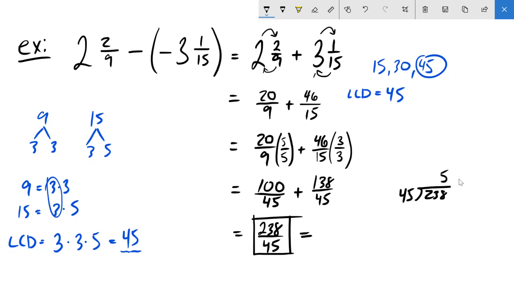Okay, well 5 times 45 is what? 225. And then you can figure out your remainder. 8 minus 5 is 3. 3 minus 2 is 1. So it looks like the remainder is 13, so 5 and 13/45. So that was a little bit messy.